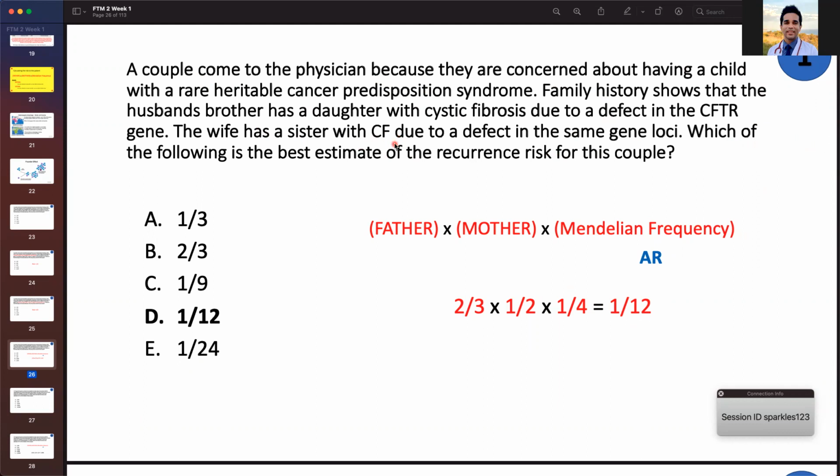It's cystic fibrosis. You should know that from FTM1, building your knowledge base. Remember it's autosomal recessive, so the chance of the child getting it when one parent is big A, little a, and the other parent is big A, little a, is 1/4. Draw upon it if you need to reinforce the idea, but I highly recommend you memorize those because it's going to give you that extra couple of seconds during the actual exam.